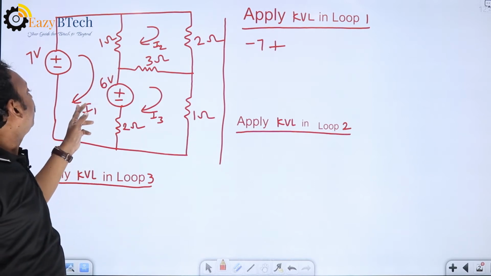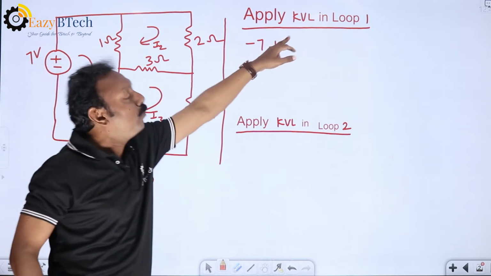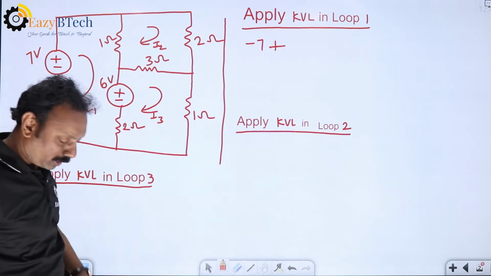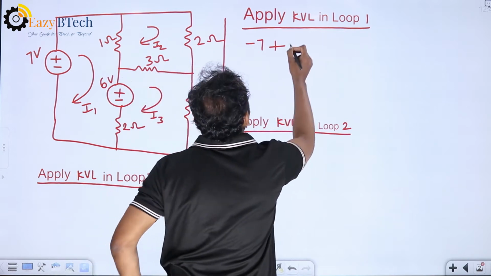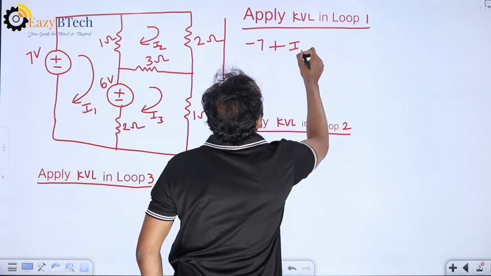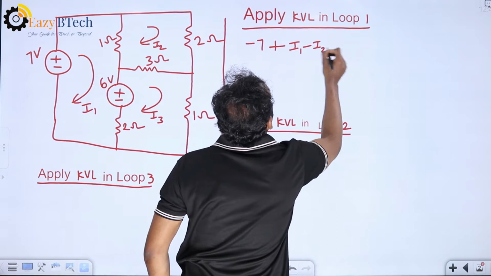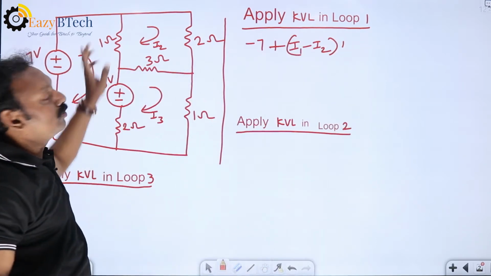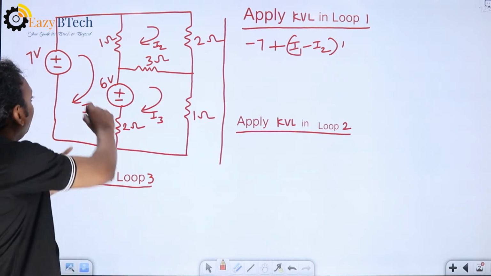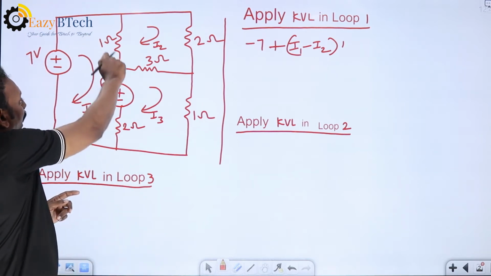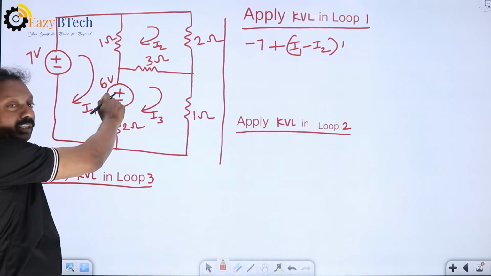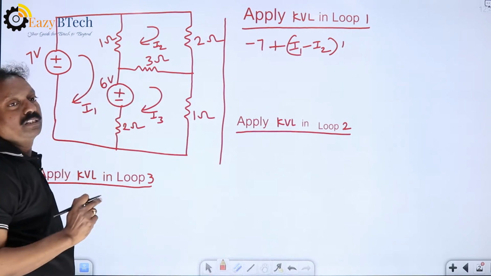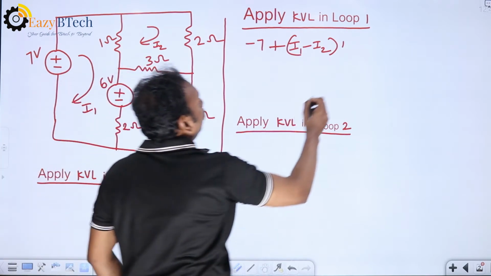We are writing the loop 1 equation, so I1 minus I2 into 1. This is the voltage across 1 ohm. Now current coming from clockwise direction, and next current coming from the 6 volts. Observe the 6 volts: current coming from positive, leaving from minus. So plus 6.